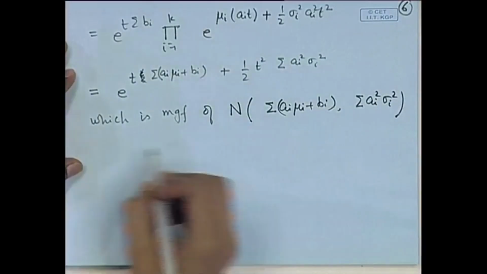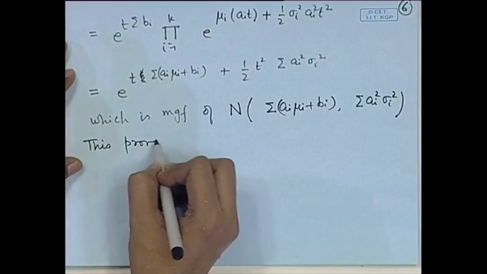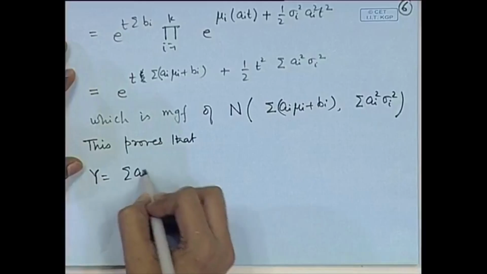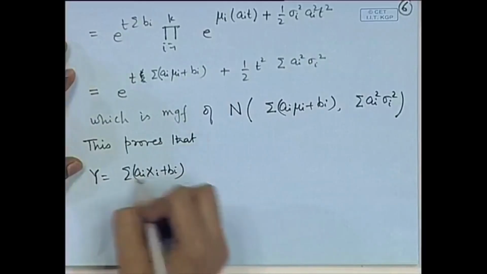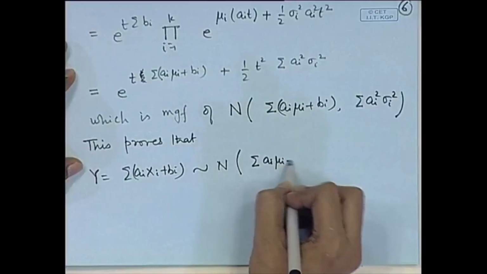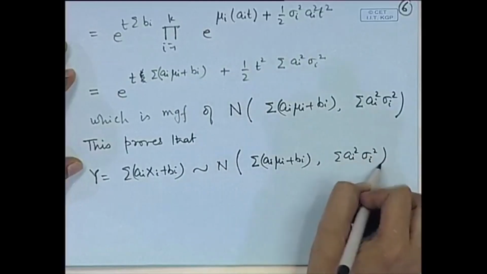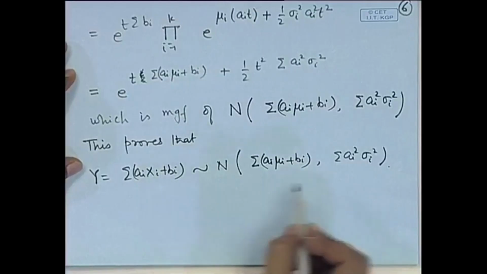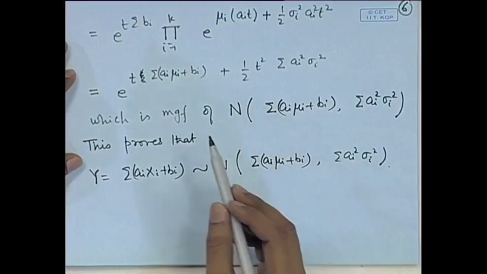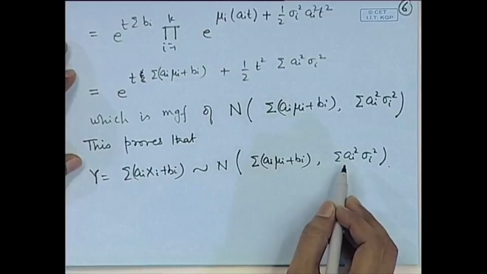So, by the uniqueness property of the MGFs, this proves that y, that is equal to sigma a_i x_i plus b_i, follows a normal distribution with parameters sigma a_i mu_i plus b_i and sigma a_i square sigma_i square. So, in the case of normal distributions, it is not only the sums, but any linear combination of the independent normal variables follows a normal distribution.